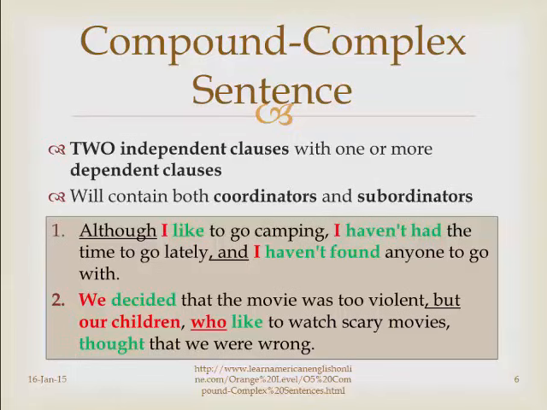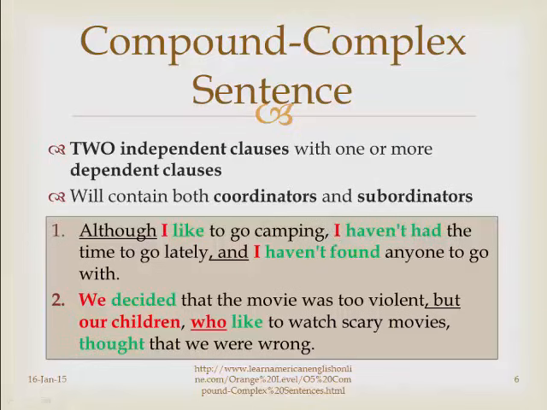And the dependent clause is although I like to go camping. So you can see that the two independent clauses have been joined by the coordinator and preceded by a comma. And the dependent clause starts with the subordinator although, which, of course, then you must have a comma.